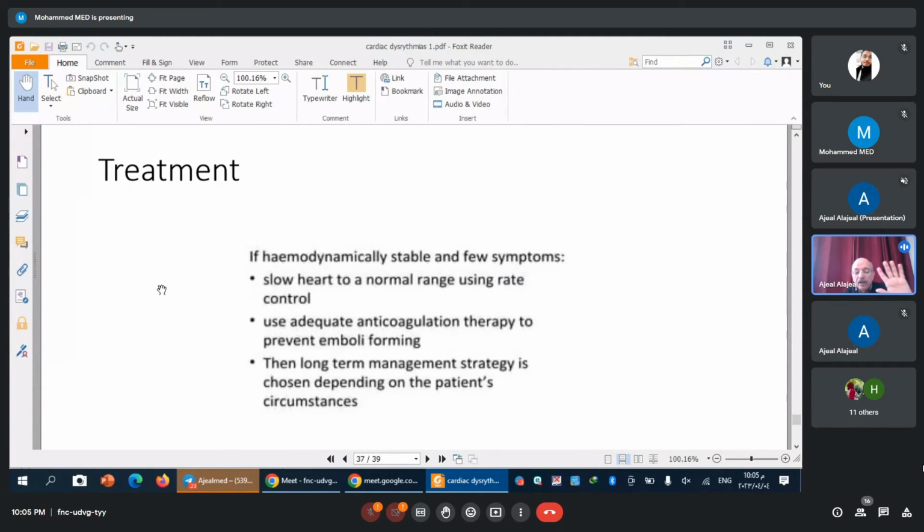Because we said that the half-life is 5 days. Okay? And then we restart warfarin, but at a lower dose. If the INR is still low on day number 6, I resume the low molecular weight heparin and I increase the dose of warfarin.